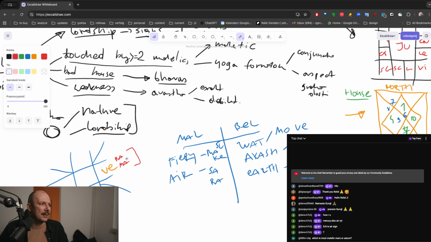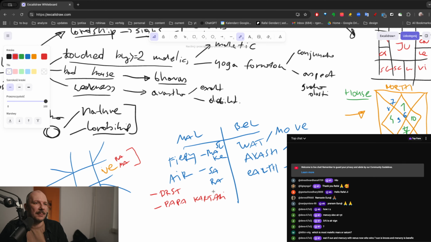So we understand that there are also two other types of afflicting position or mechanism, right? One is drishti, which is aspect, and one is papakartari. Drishti means being aspected, and papakartari means malefics in the second and 12th, but it has to be in both, in the second and in the 12th, right?